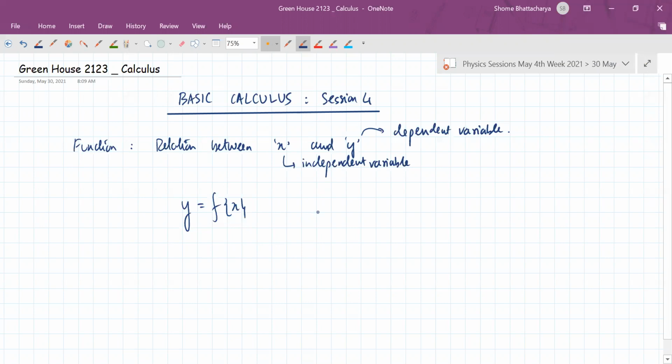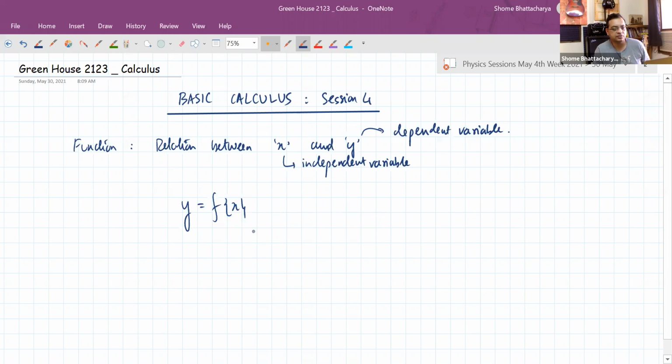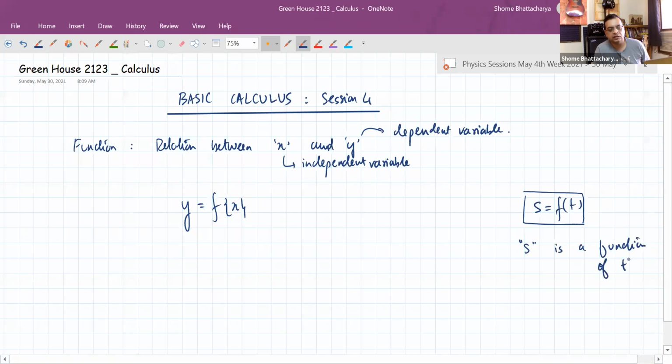Here x and y are just the standard symbols that we use. Now we can always have other symbols in place of x and y. For example, this represents the relationship that y is a function of x. But similarly, if I write s is equal to f of t, this statement represents the fact that s is a function of t.